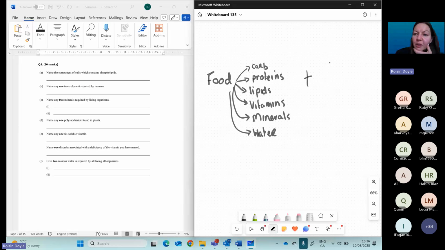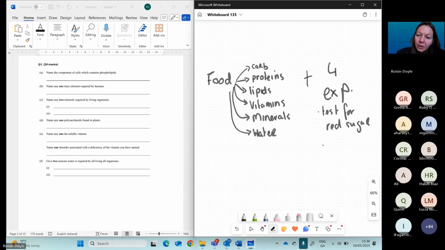There are 4 experiments. Okay, what are the experiments for? The test for reducing sugar. You could be asked about the test for protein, the test for starch, and you could be asked the test for a lipid.